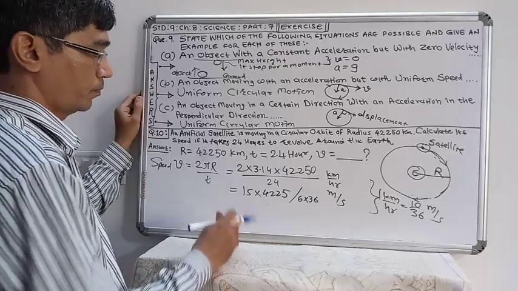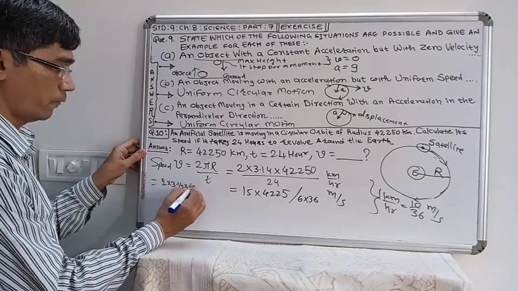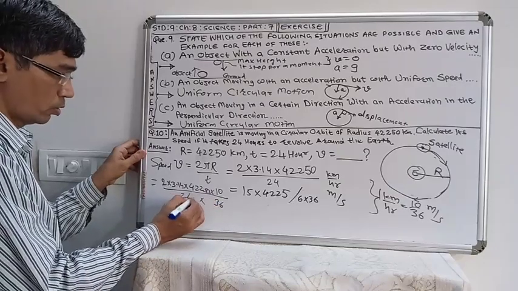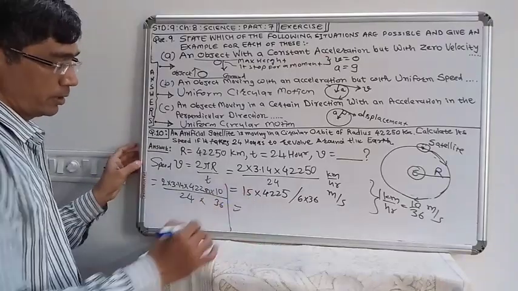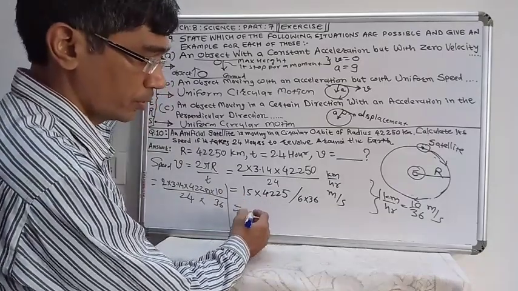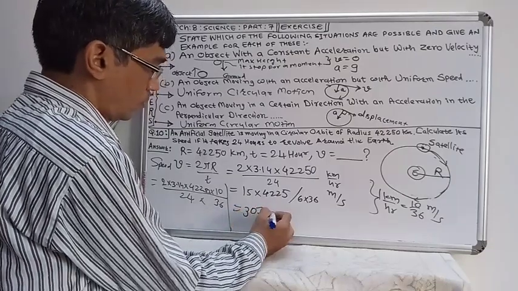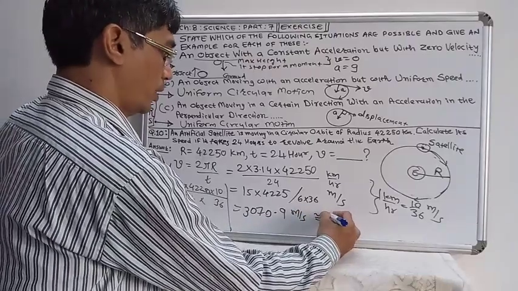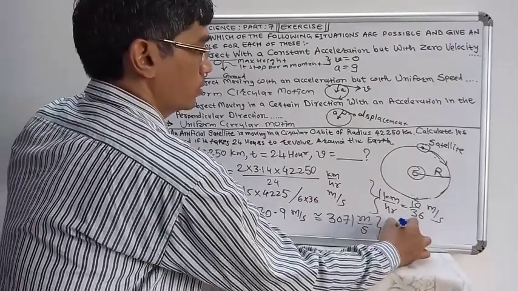So we can write it is equal to 2 into 3.14 into 42,250 into 10 by 36 into 24. So this is in meter per second. Finally, when you simplify this, we get the answer 3070.9 meter per second. Approximately it is 3071 meter per second. This is the answer.